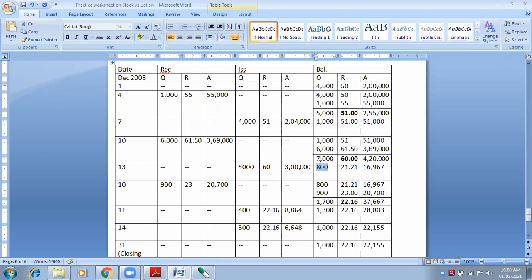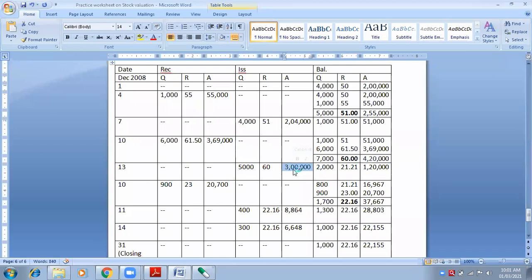Can you tell me what number of units are left over with us? 2,000. Very good, because we had 7,000 and issued 5,000. What will be the balancing figure in the amount column? 1,20,000. How did you find this? 4,20,000 was the total.